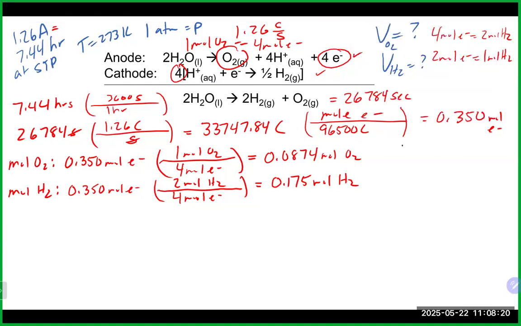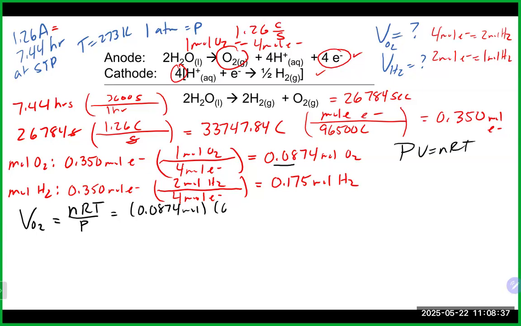So taking the ideal gas law, PV equals nRT, I'm going to solve for V in this case. So the V of the oxygen would be nRT divided by P. Putting in my moles for oxygen, 0.0874 moles. My gas constant, 0.08206 liters atmosphere per Kelvin mole.